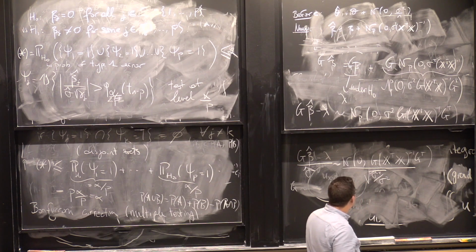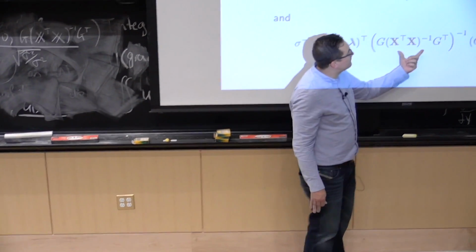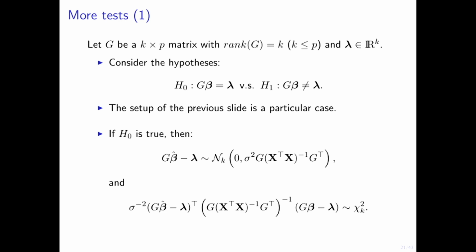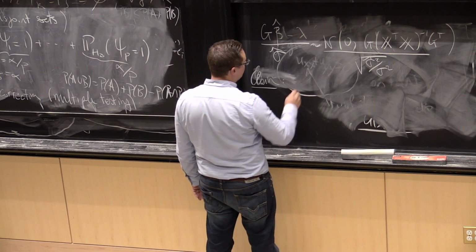So how do we do it? Well, we just form this guy here. So here's the claim. Again, another claim about a Gaussian vector.